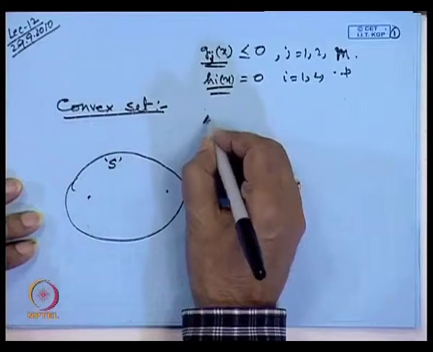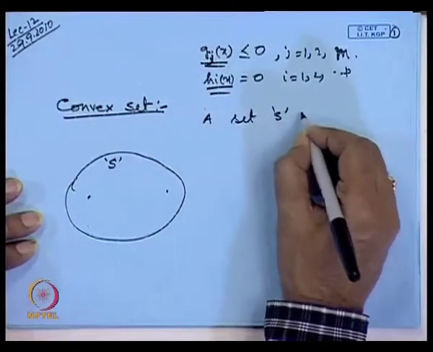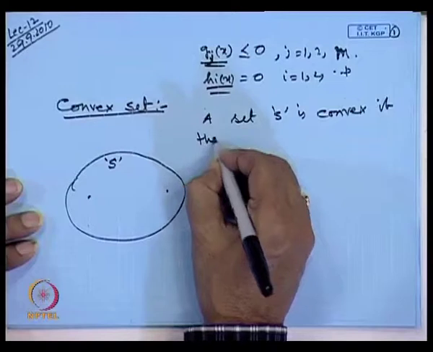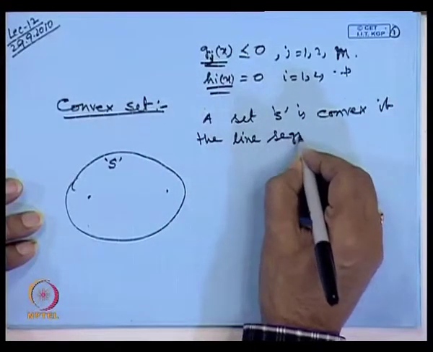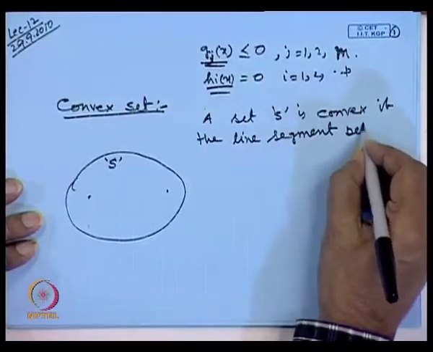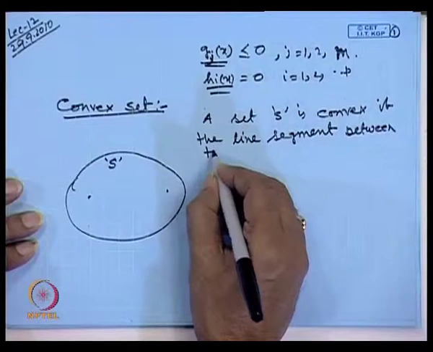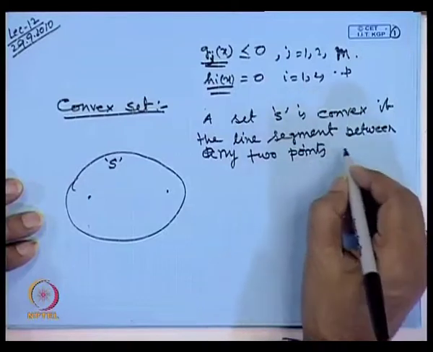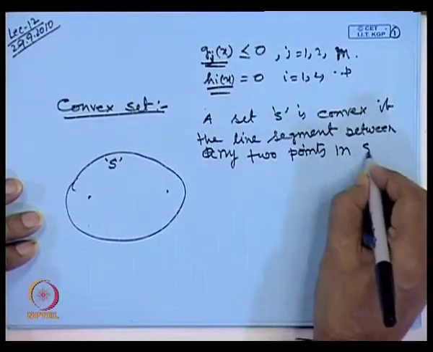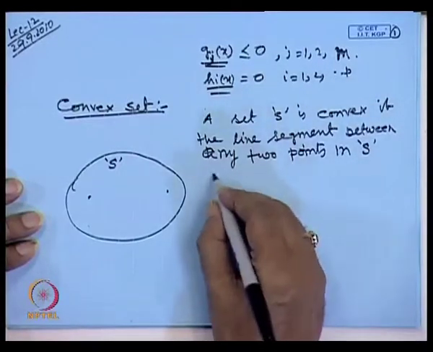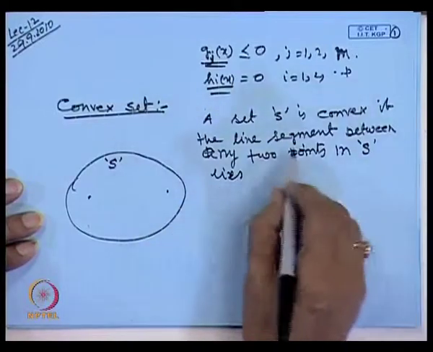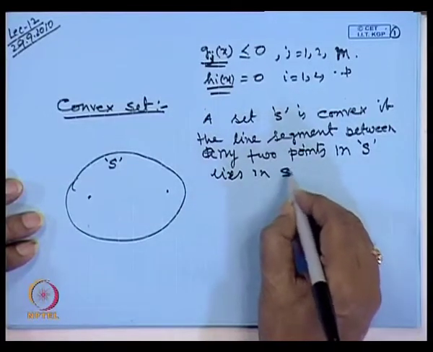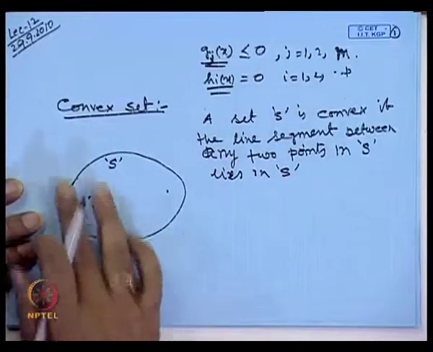So, we can write: a set S is convex if the line segment between any two points in S lies in that set S. Let us say we have this set.